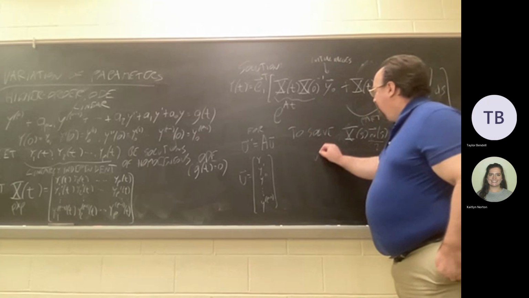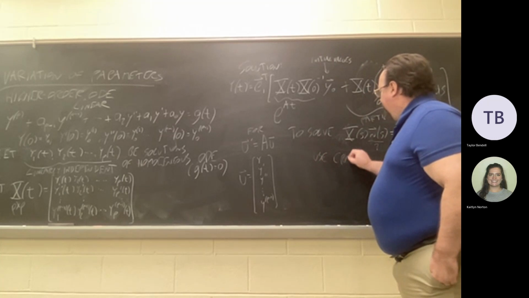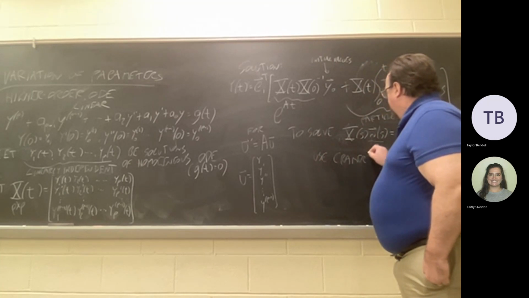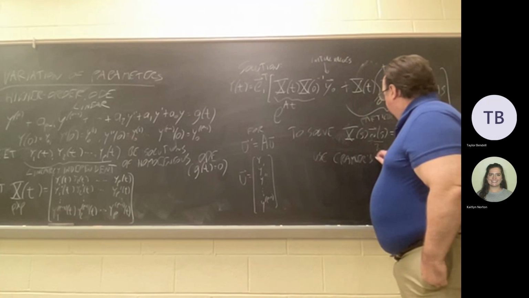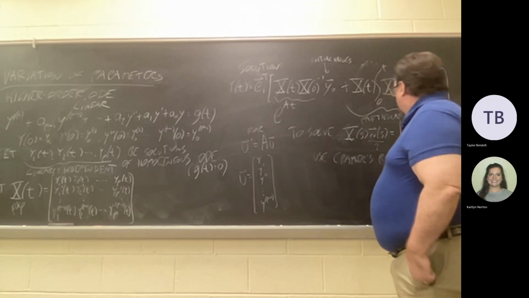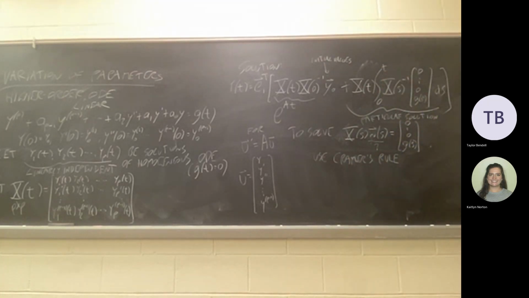We'll use Cramer's rule, which I will review in a second. Okay, because once we have that, then we're done. The integrals would have to be worked out and all that, but that would be it.